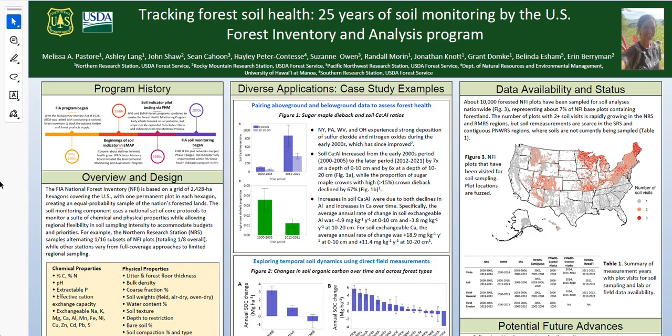Since that integration, a subset of FIA's standard NFI plots are designated for measuring different forest ecosystem health attributes, including soil characteristics. This means that FIA provides co-located soil, tree, and site data that allow for the exploration of relationships between above and below ground factors.